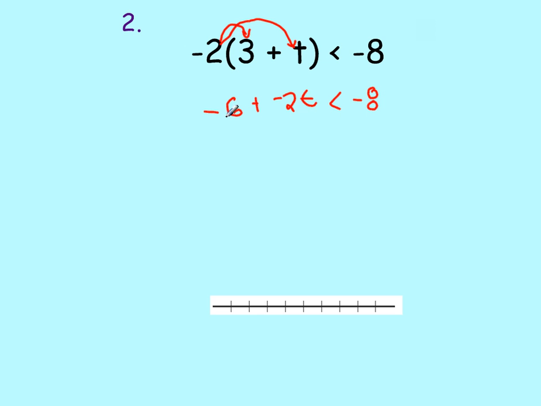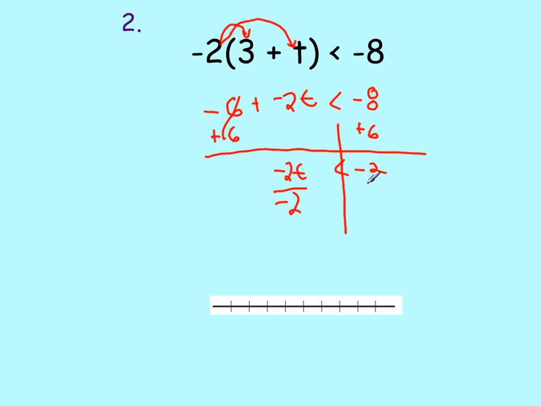We've got to cancel out our -6, so we add 6 to both sides, and these two cancel each other out. We end up with -2t is less than -8 plus 6, which is -2. And then we're going to divide by -2.